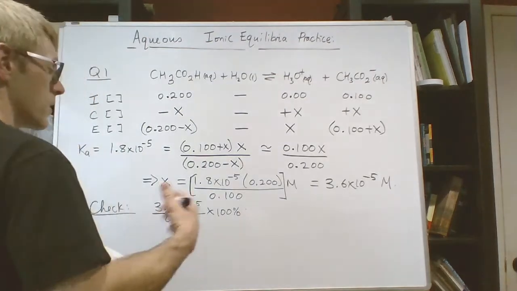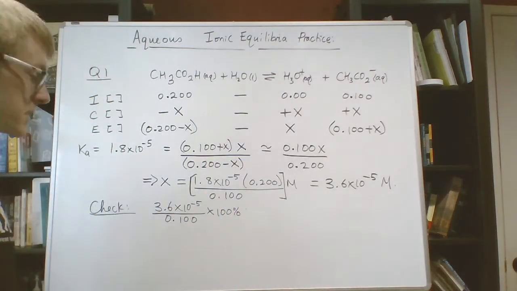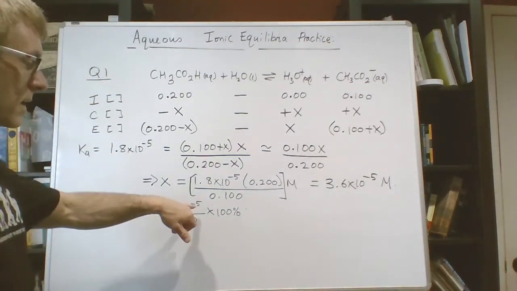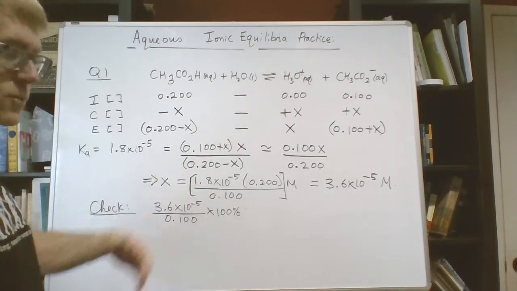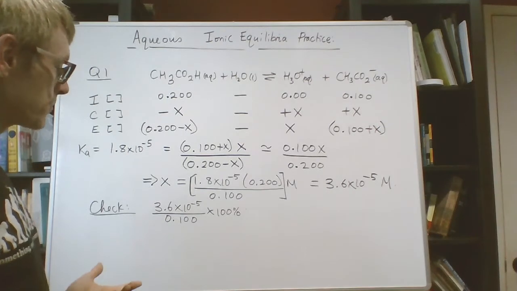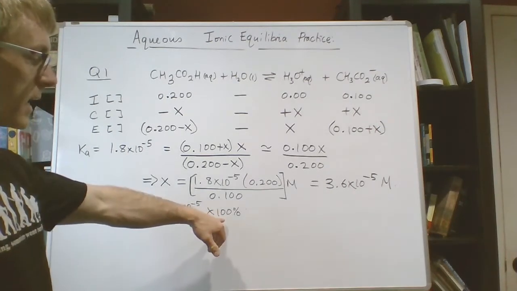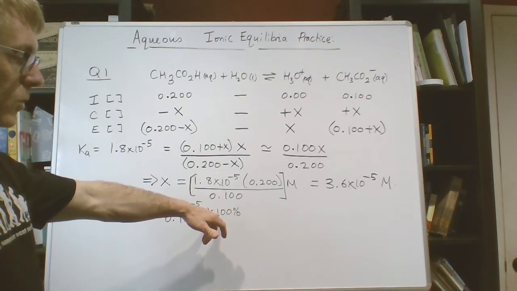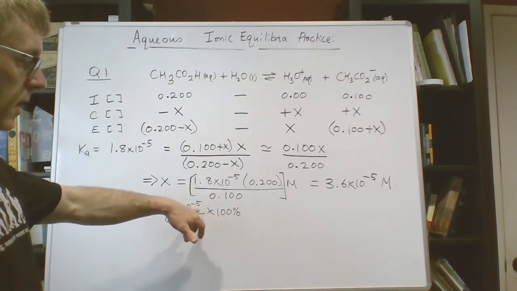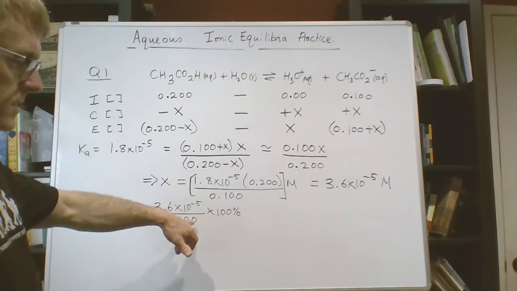Now, the goal is I want it less than 5%, and I can clearly see 10 to the negative 5 divided by 10 to the negative 1. Well, that's roughly going to be 10 to the negative 4. And then I would multiply this by 10 to the 2, which is going to be, sorry, that's going to be 10 to the negative 6, rather.